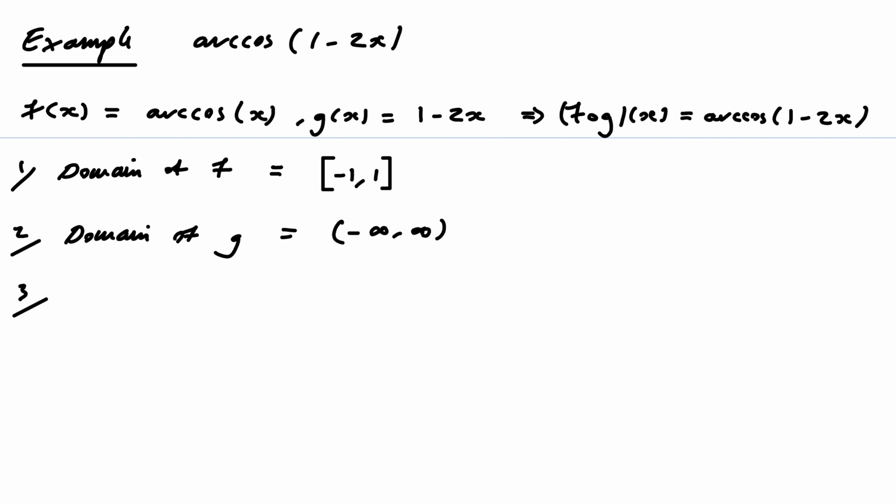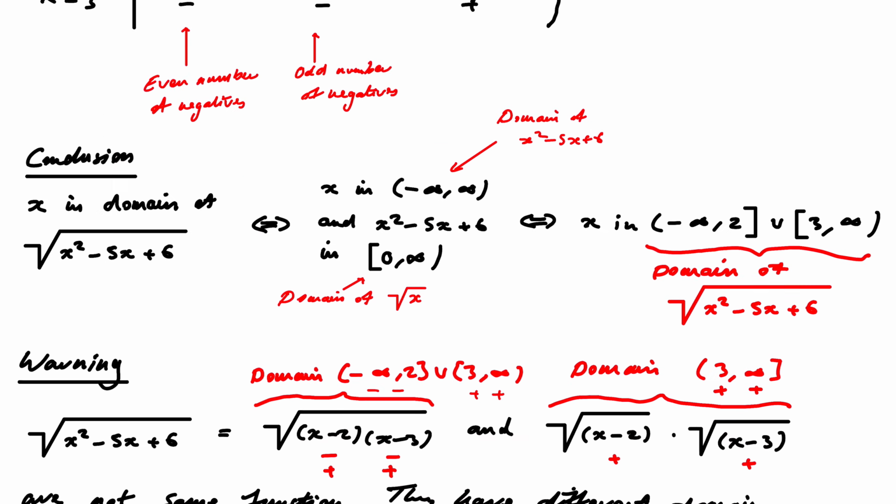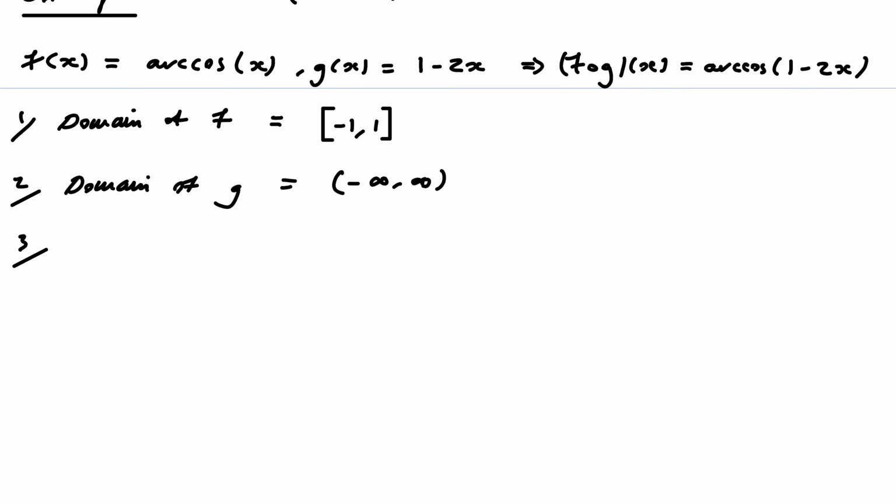Let's scroll up a second just to see what it was. We need to find all x in the domain of g such that g of x is in the domain of f. Let's literally write that down, just so we've got it in front of us.